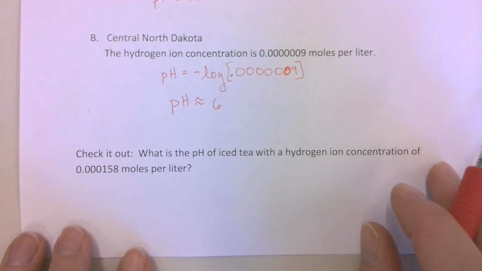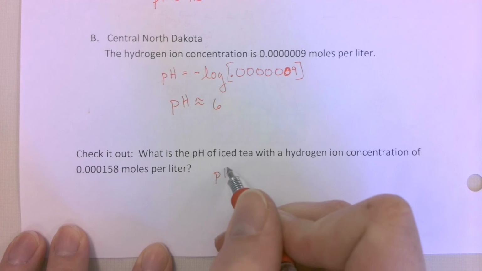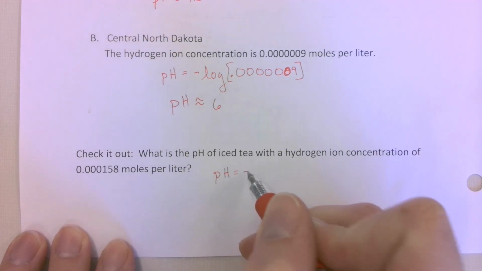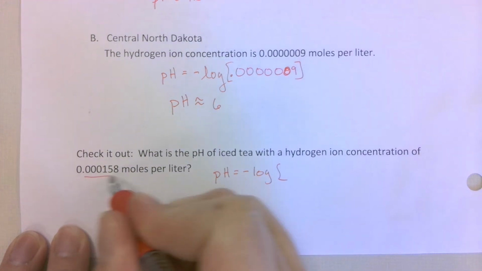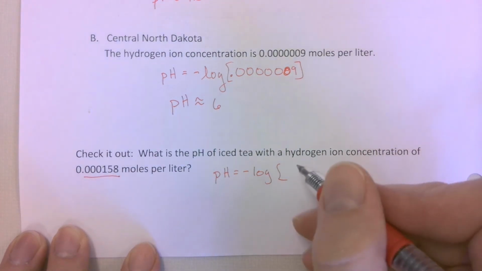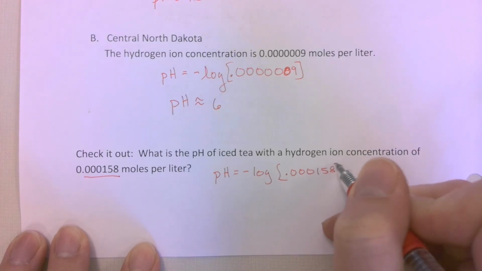Next, we can also check out the acidity of things like iced tea. And so I would use the same formula, and that would be negative log of, and here is my hydrogen ion concentration, 0.000158.